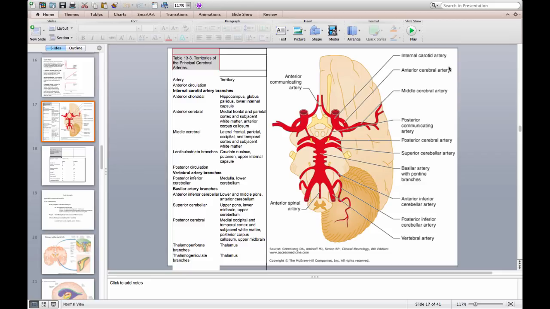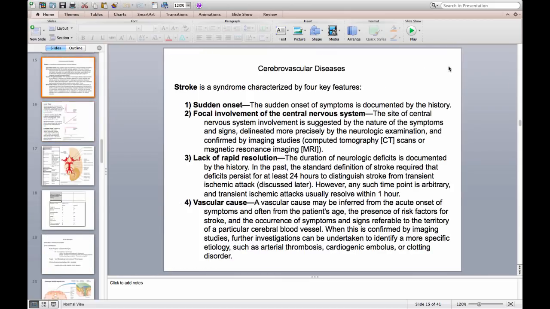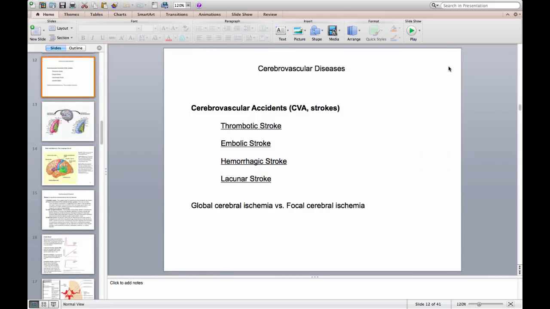So with stroke, I'm just going to give a little bit of background. We know we've got hemorrhagic stroke, where there's bleeding in the brain. We know we've got thrombotic stroke, where a clot originates in the brain, and then we've got embolic strokes, where the clot actually originates not in the brain and travels, right?